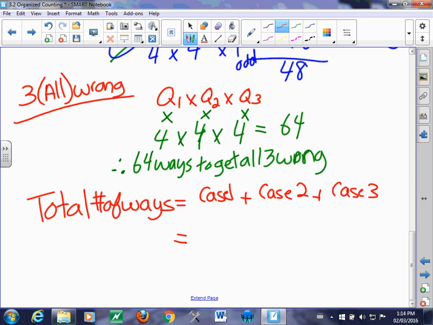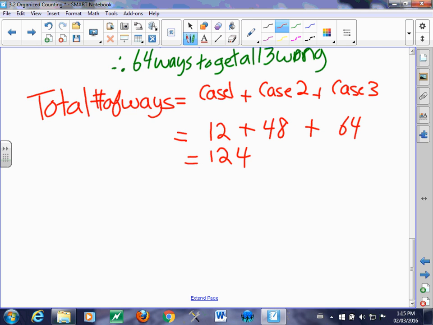Okay, so when we had 1 wrong, it was 12, plus case 2, we got 48, plus case 3, we got all 3 wrong, that was 64. So you add them all together, equals 124.